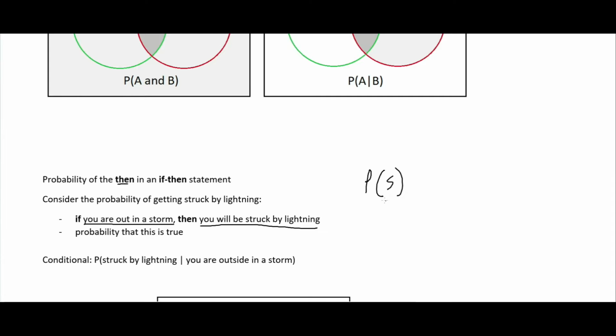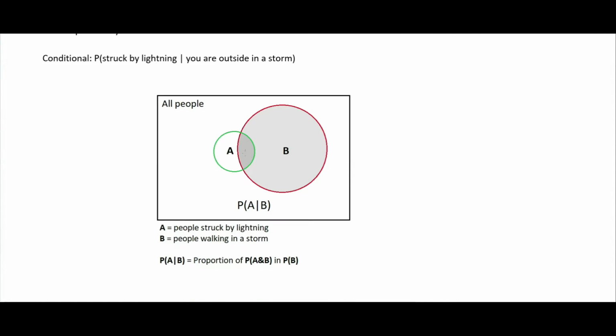And so you can see this is different than just the probability, and I'll just use S here. So the probability of getting struck by lightning would be, I guess we could say, everything in A down here, which we can see is a small amount of the box of all people. And if this was realistic, it'd probably be much, much smaller than that.